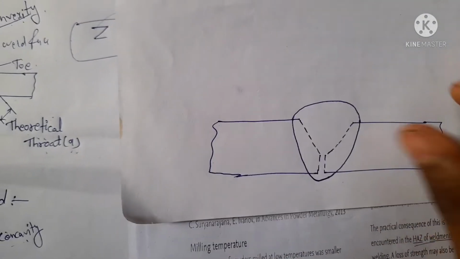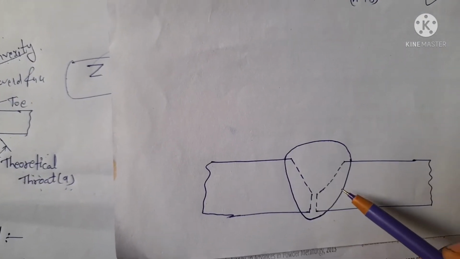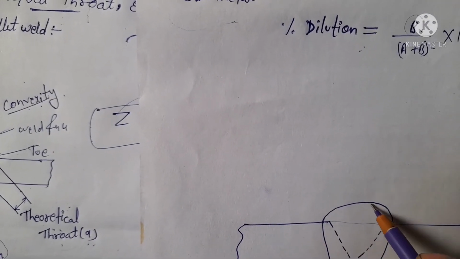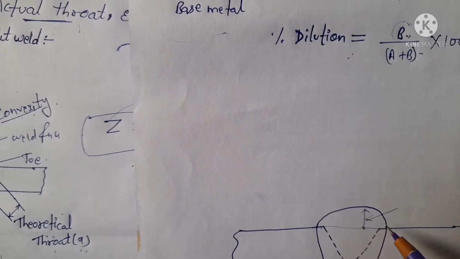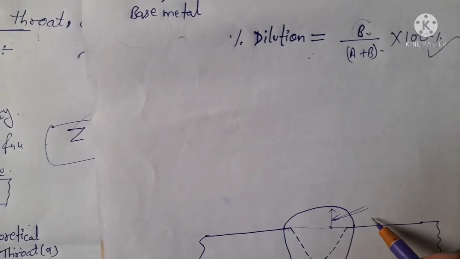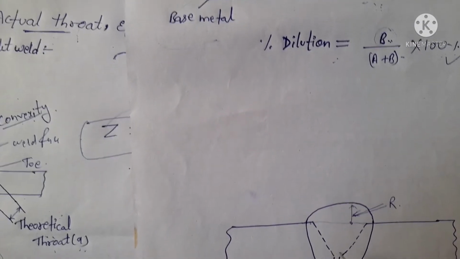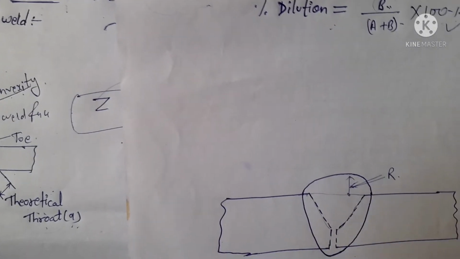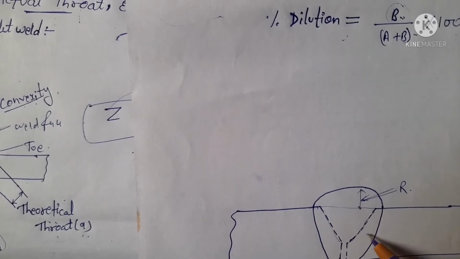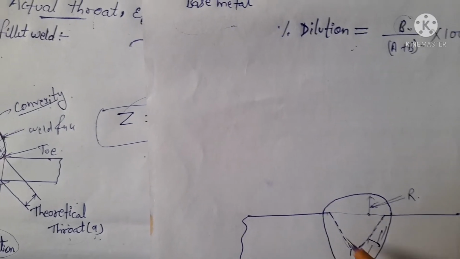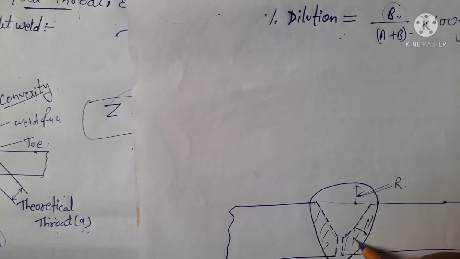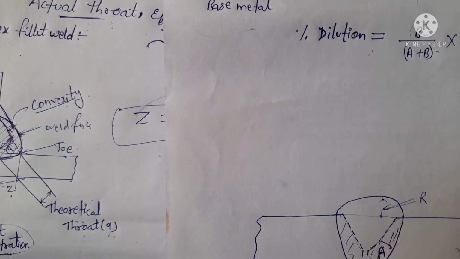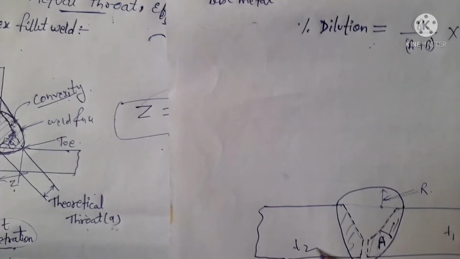But if you have a single V weld, then what? This extra is the penetration, this extra weld metal is known as the reinforcement, and this is a single V welding. This portion is the base metal. Here we denote this portion by A, because this is T1 and T2.